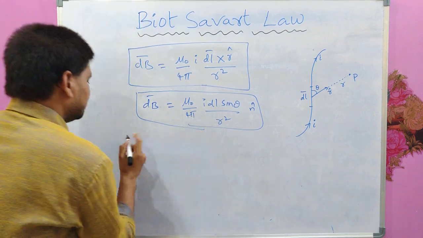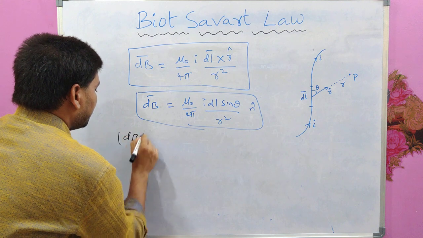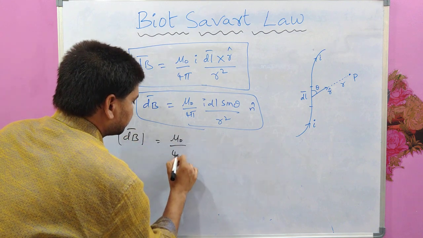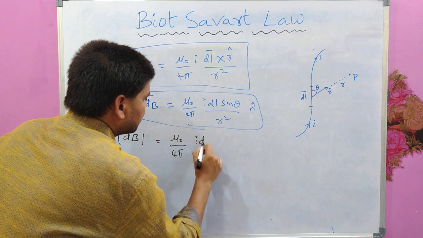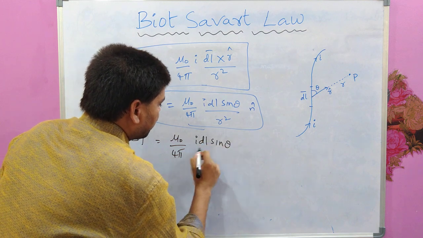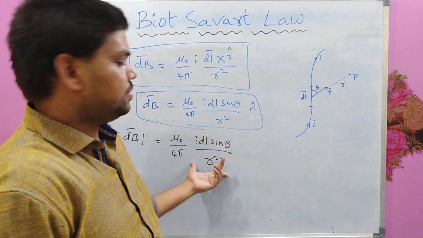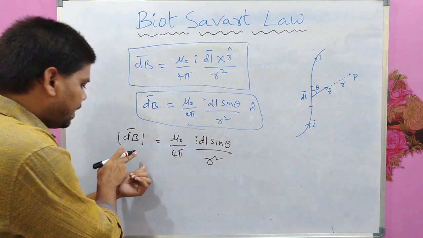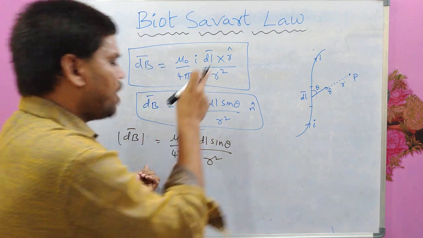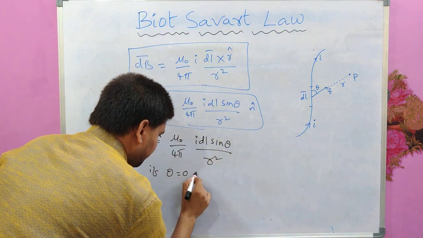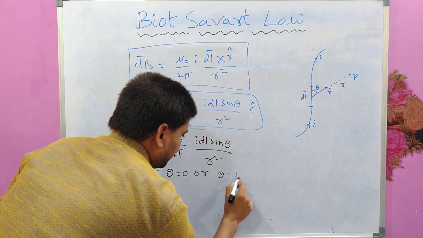So if you observe this, the magnitude of this magnetic field is simply I dl sin theta by r square. If this is the magnitude, then the magnetic field would vanish if theta equal to 0 or theta equal to 180 degrees.